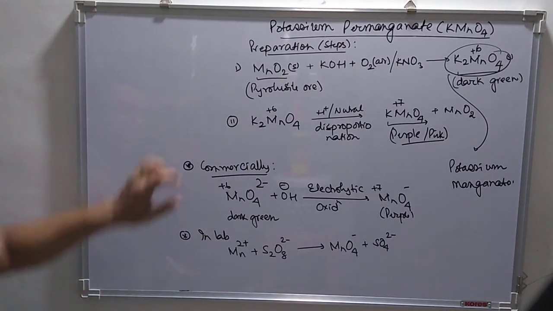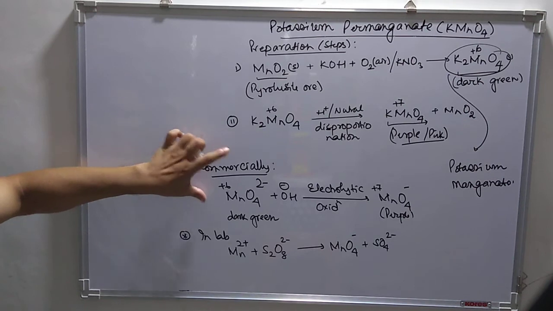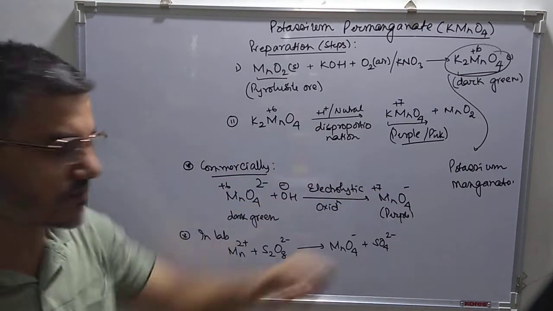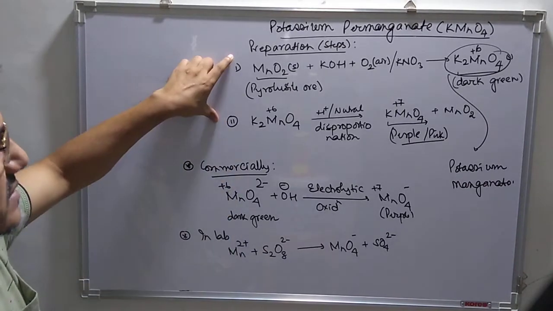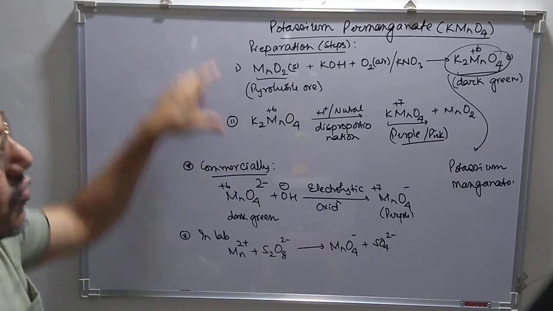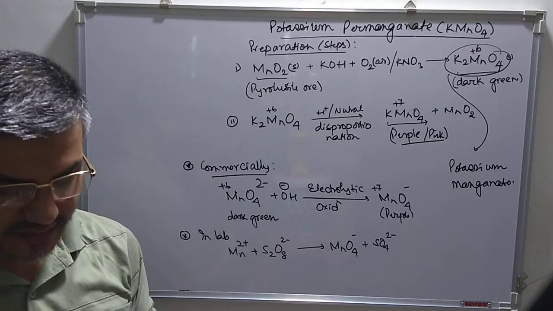So either we can go for the commercial method, electrolytic oxidation, or the laboratory method for small scale preparation. This is the general method of preparation. So this is how we prepare potassium permanganate.